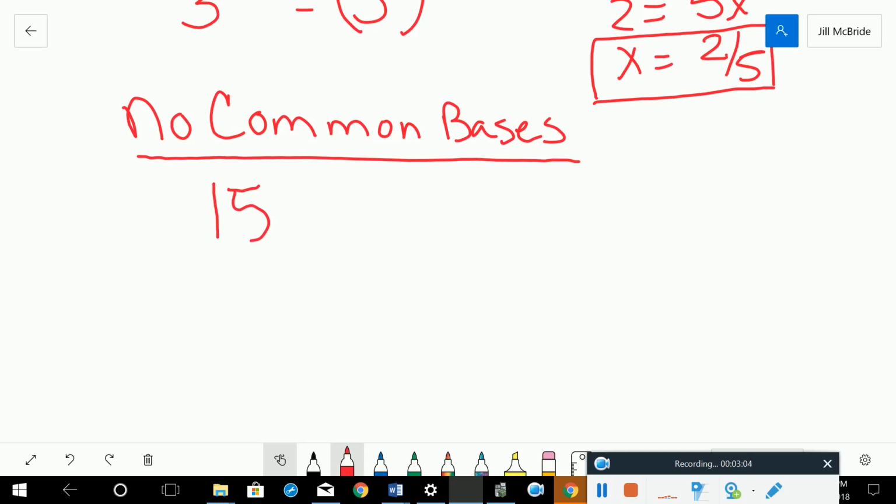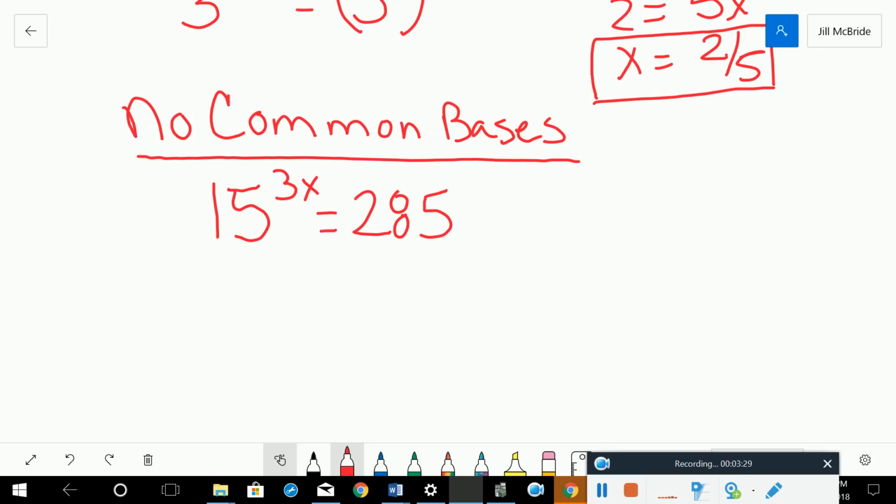For example, 15 to the 3x equals 285. Okay, obviously I can't write 285 as a power of 15. Neither can I write 15 and 285 as the power of any common base. So this is where our logarithms come in.